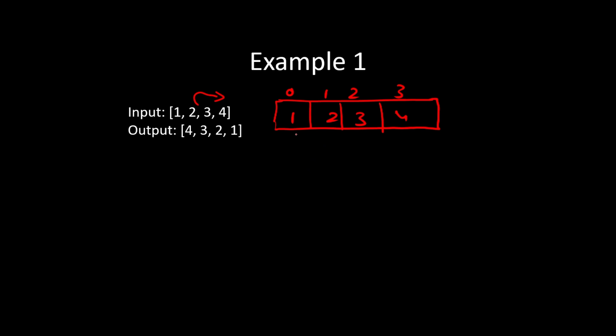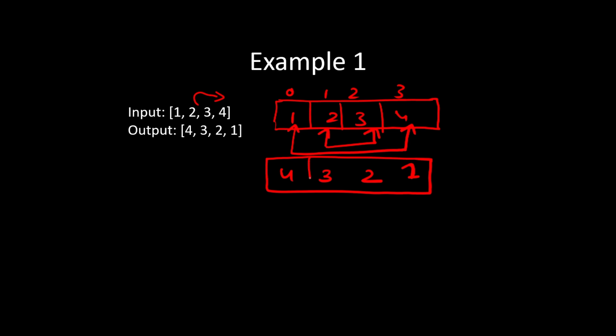You can observe that the element at the 0th index is being swapped with the element at the third index, and the element at the first index is being swapped with the element at the second index, giving 4, 3, 2, 1. Okay, so like this, you can reverse an array without using any extra space.